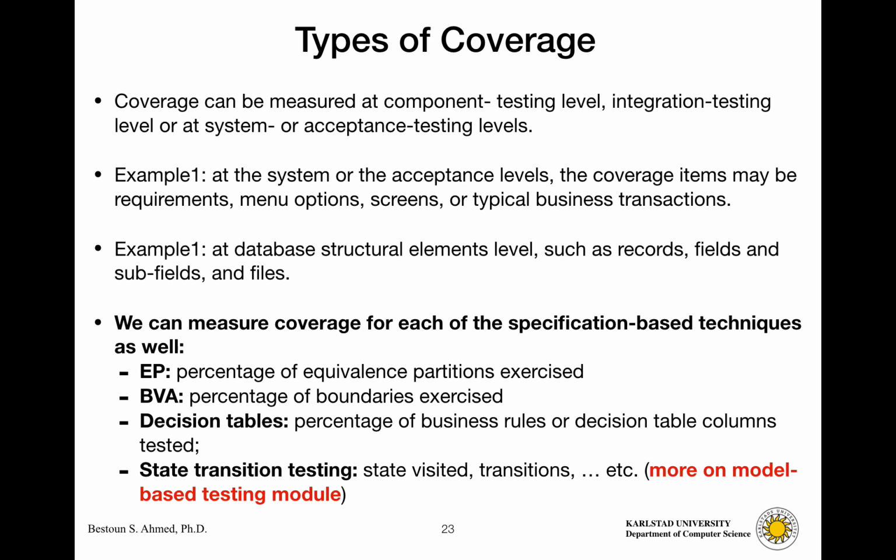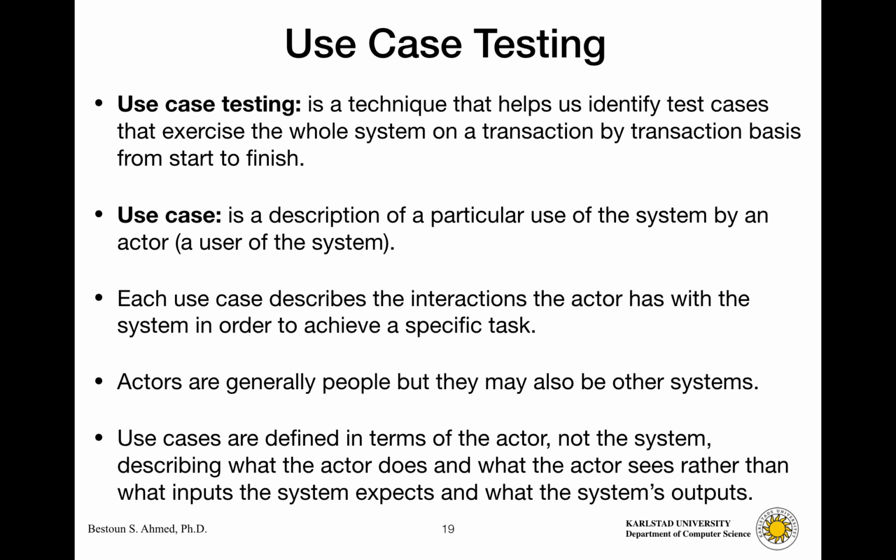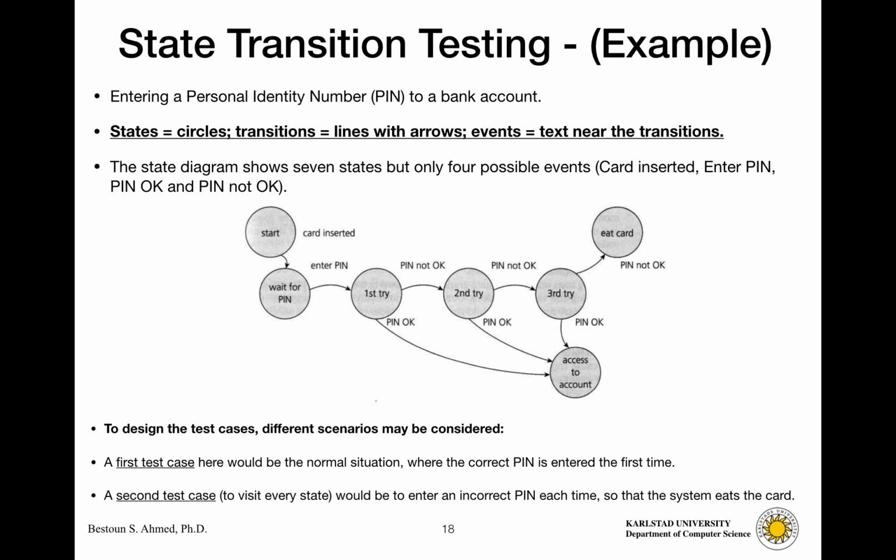Also, for a graph, if my test case is visiting, for example, here I have 1, 2, 3, 4, 5, 6, 7 nodes. So it means I have 7 states or 7 circles or 7 nodes, whatever.